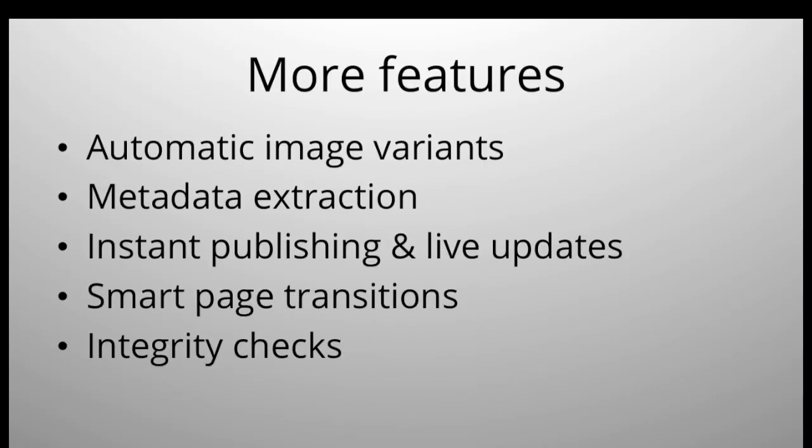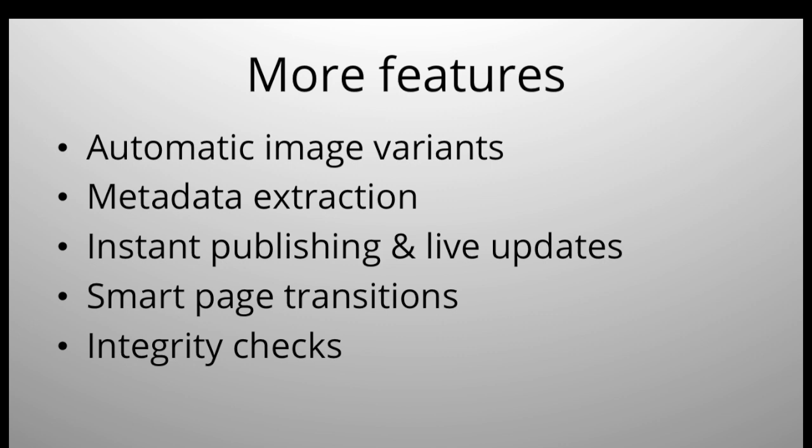But of course it has many more nice features that make publishing content to your website even easier. For example, automatic image variants, which means that Witica will generate different sizes of every image automatically and upload them to your server. And by that you don't need to serve the full big image when you only need a thumbnail on your website somewhere.